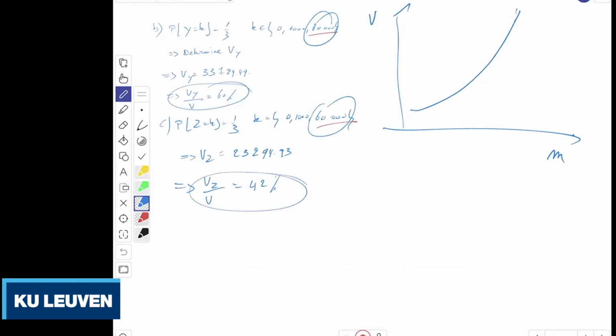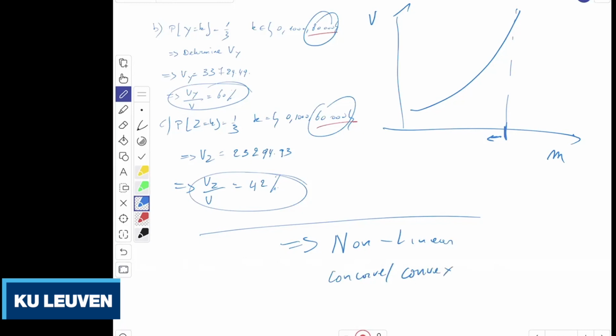You see that if here is your maximum loss, if you can only reduce it by a little bit, because of convexity, if you already have a very high M, your reduction is quite impressive. The smaller your maximum loss gets, the lower your reduction is. The less important it is to really focus on reducing your maximal extreme losses, right? Which is all caused by non-linear, in our case concave and convex effects.